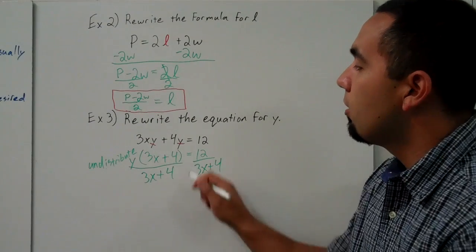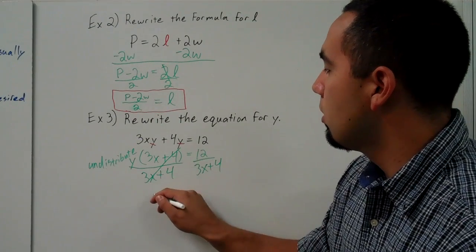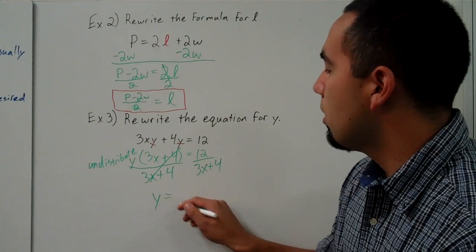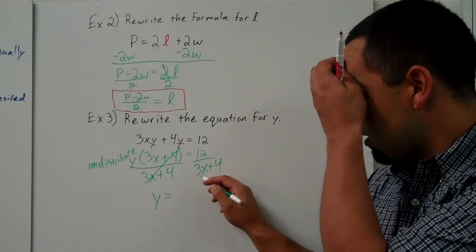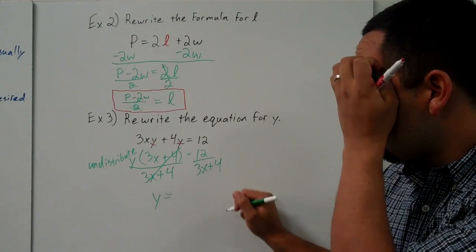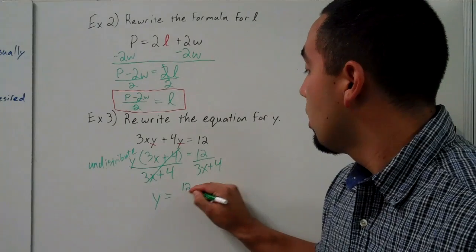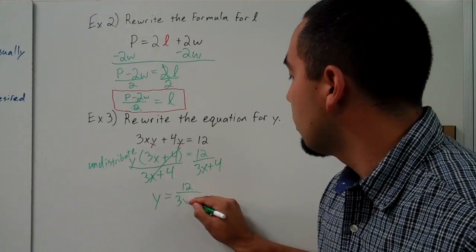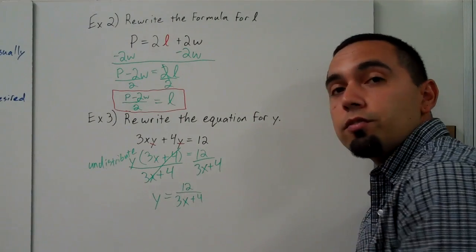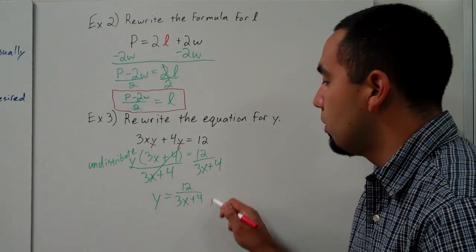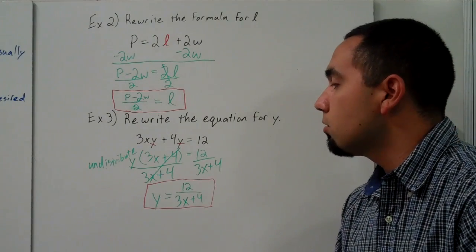When I divide here, this is just a big 1. These cancel each other out. I get y equals, and actually I could simplify this because I have 3 and 4 and they both go into, oh no I can't, I'm sorry, I can't simplify that. So I get 12 over 3x plus 4. I've solved for y, y is by itself, nothing else I can do there. I am done.